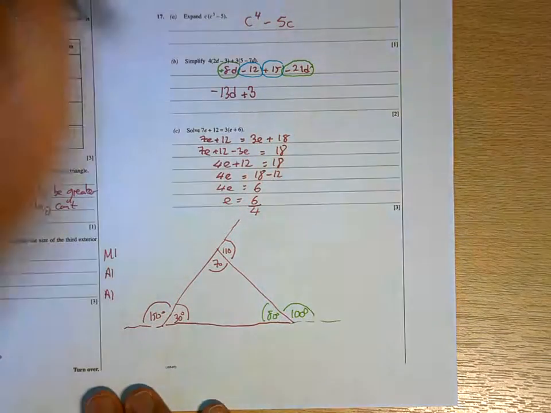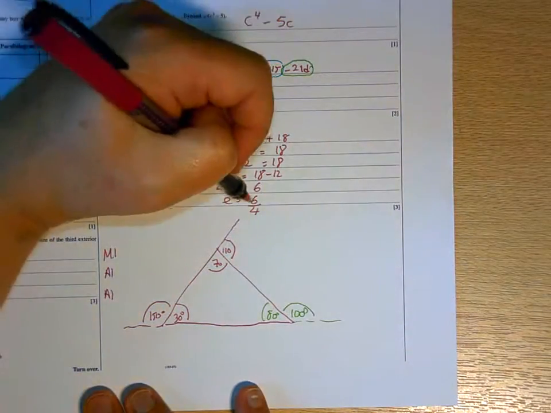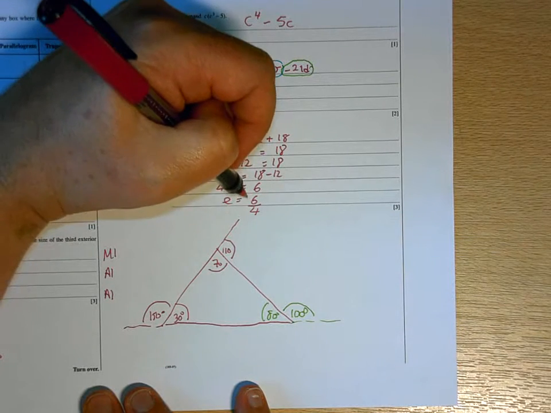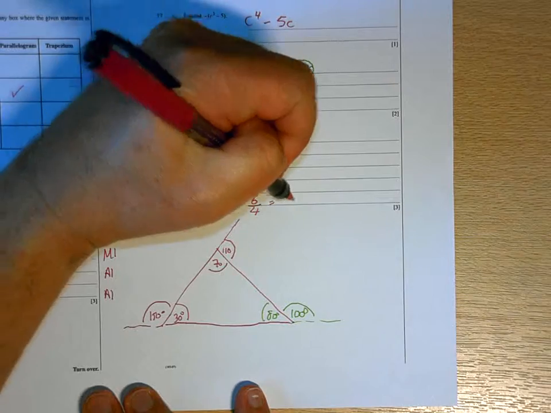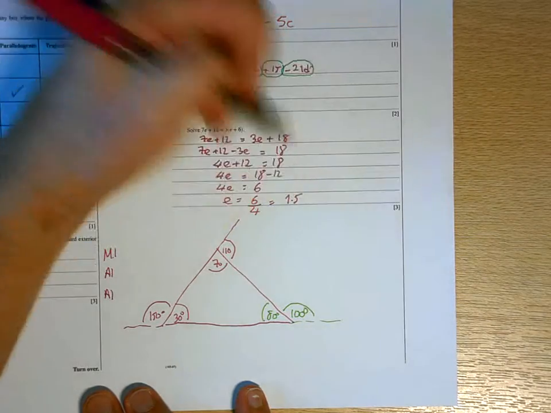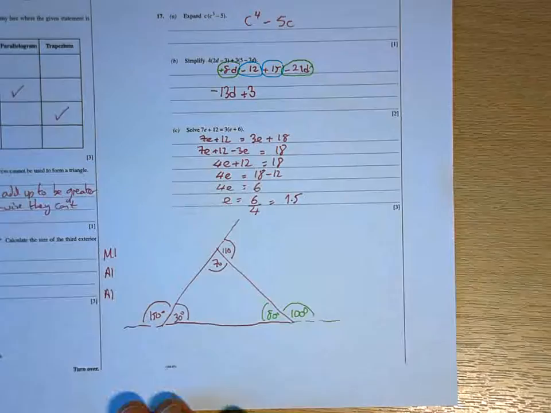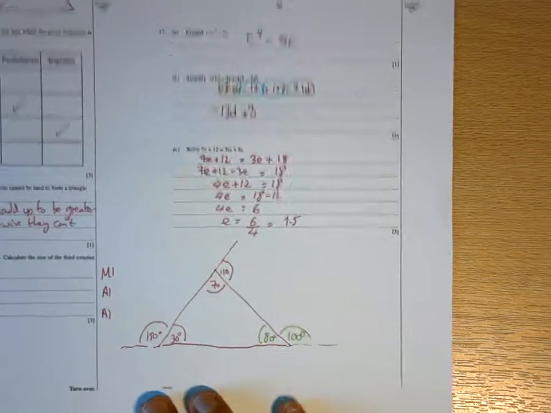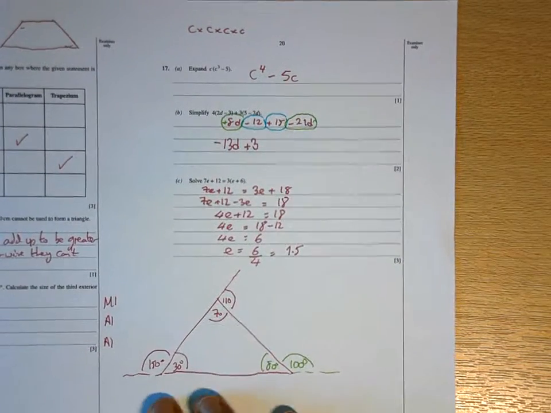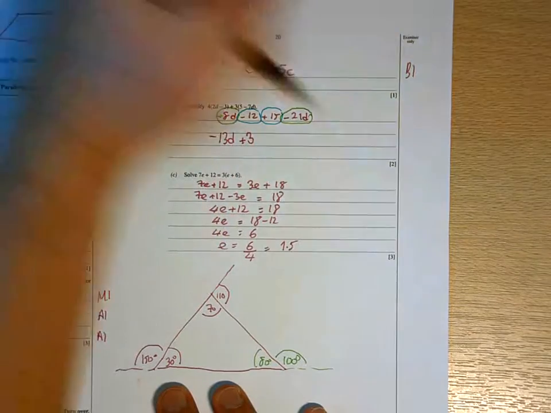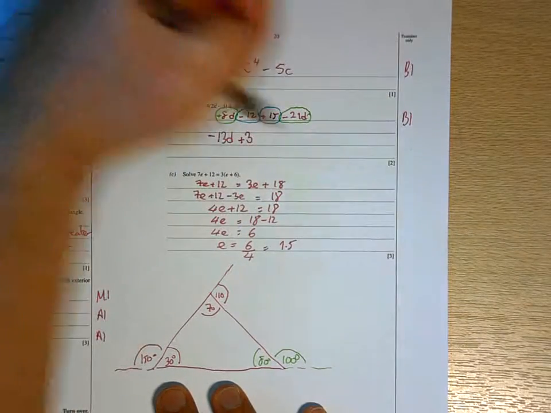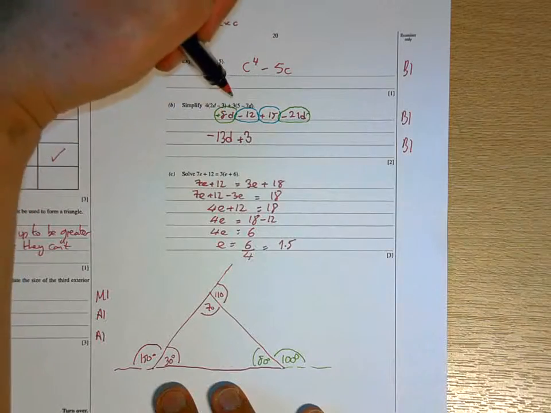So I could leave that as 6 over 4, it's correct, or I could do divided by 4, half and half again, comes to 1.5. But if you leave it as 6/4 or 3/2, you'll get the marks. Marks for that: 1 mark for clearing out the brackets, 1 mark for tidying up.